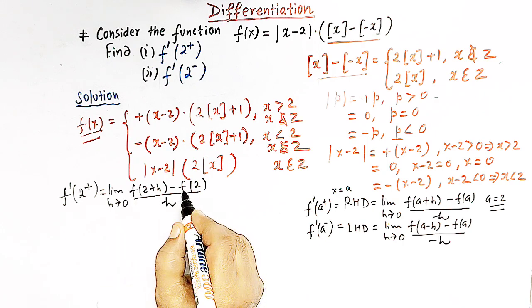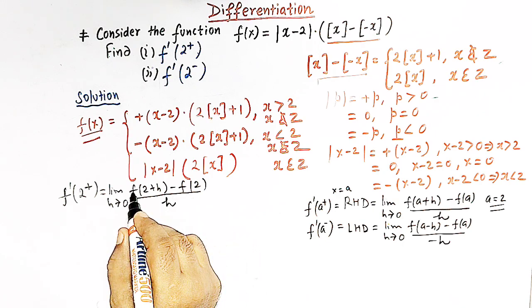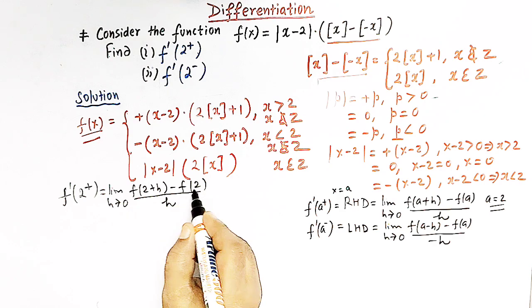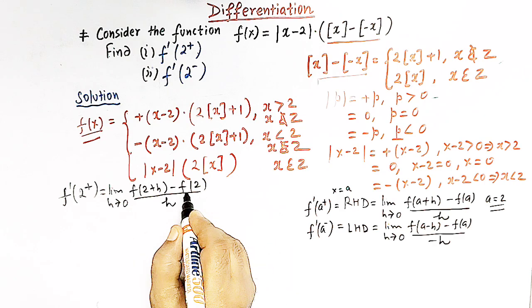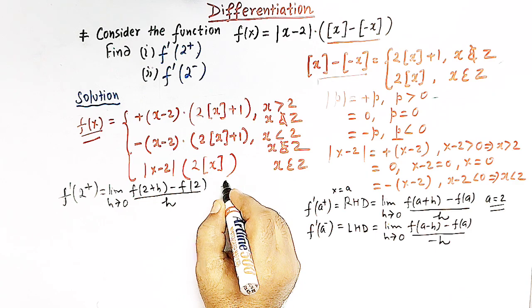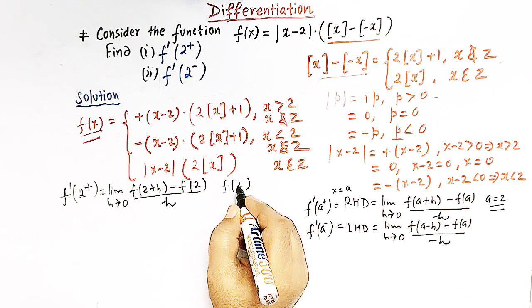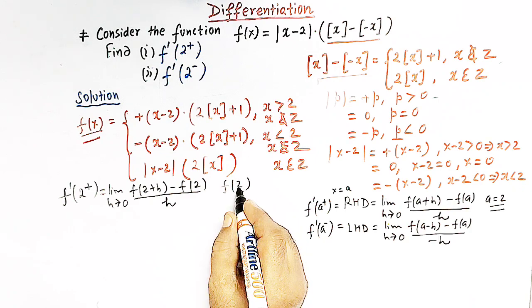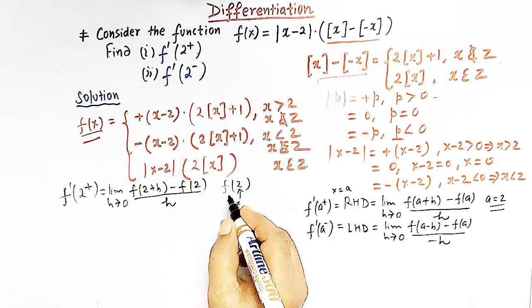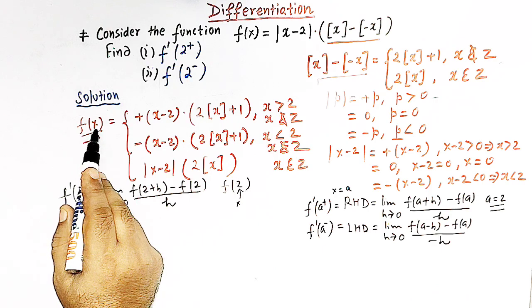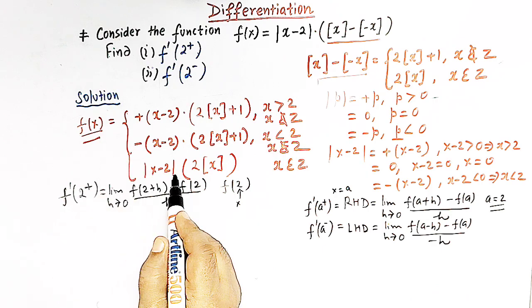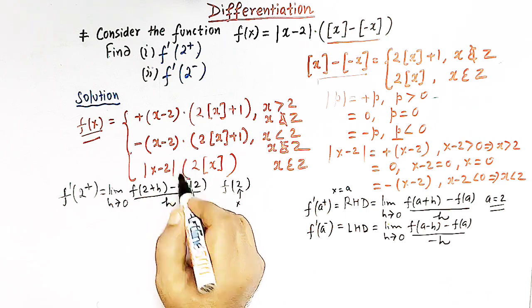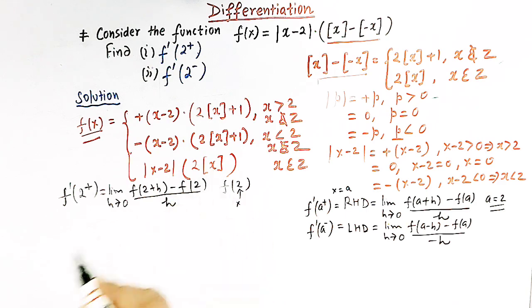So now we have to find out the value of f of 2 plus h and f of 2. So let us first find f of 2. Now see, when we have f of 2, here we have the integer 2, right? That is x is equal to 2, which is an integer. So f of x is now defined as mod of x minus 2 times 2 times the greatest integer of x.